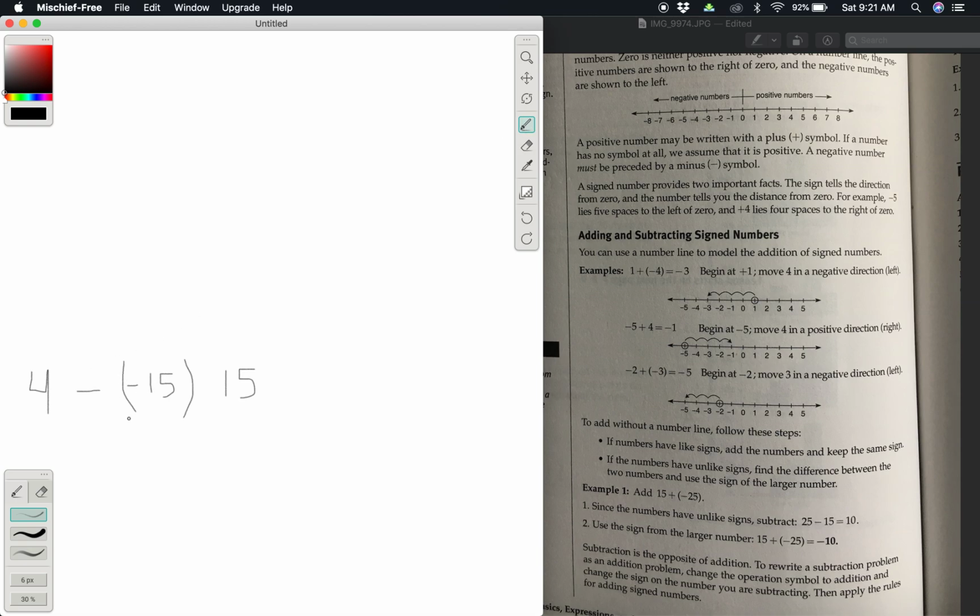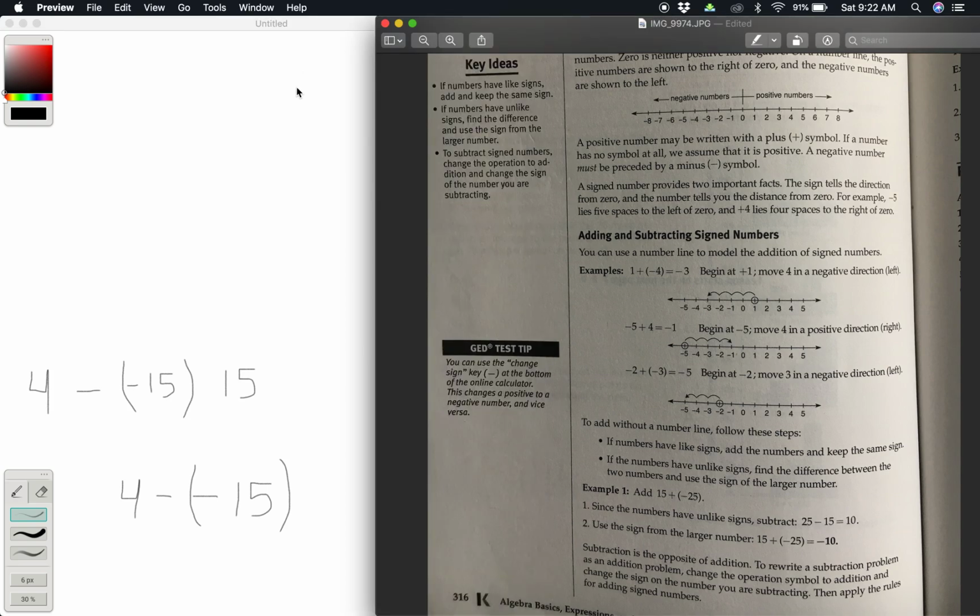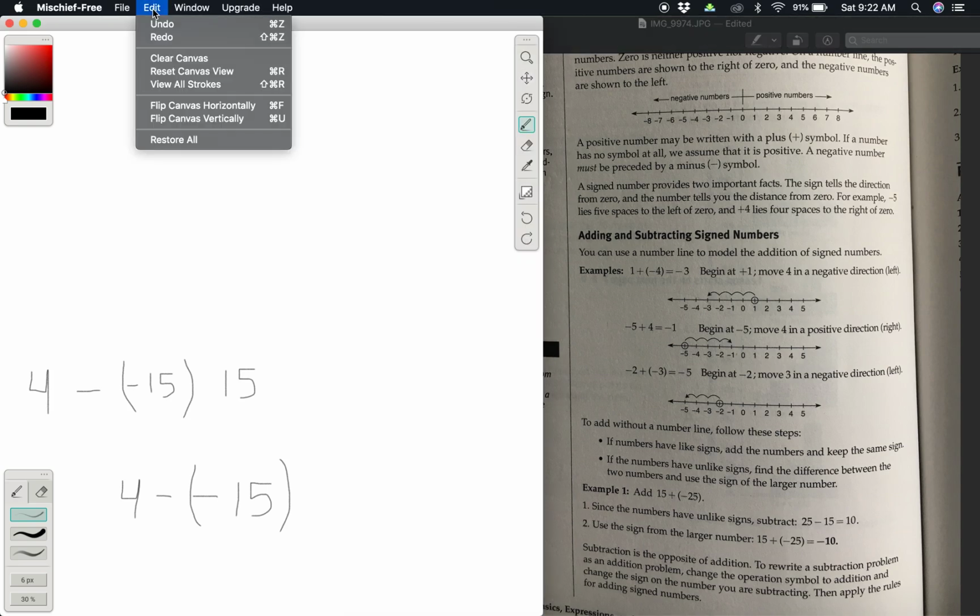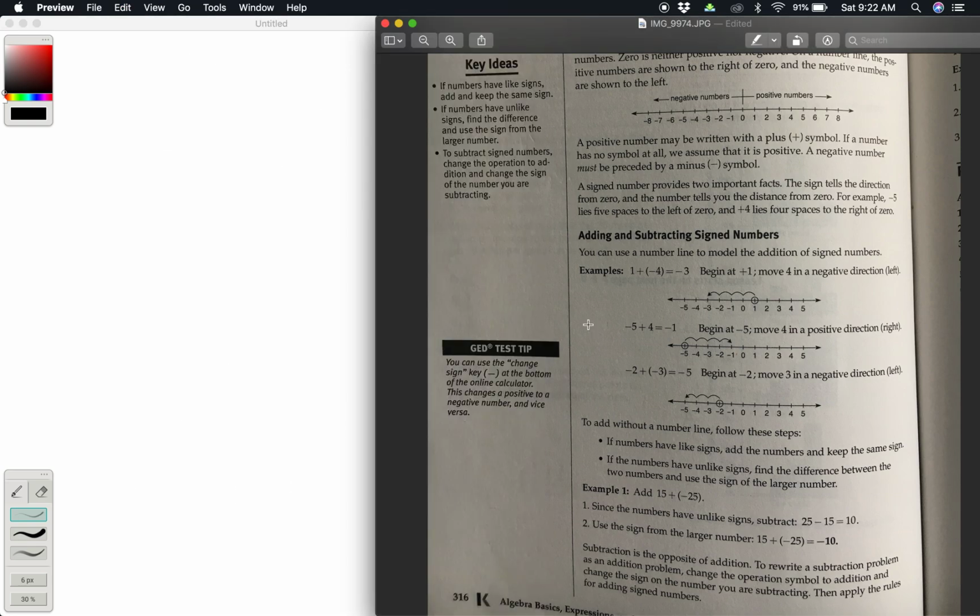This is in parentheses so you don't get confused with two minus or negative signs together, because minus and negative sign is essentially the same thing. If you didn't have parentheses, it would look like this, and it could get a little confusing. So this tells you right here, this is 4 minus negative 15. Let me clear this out.